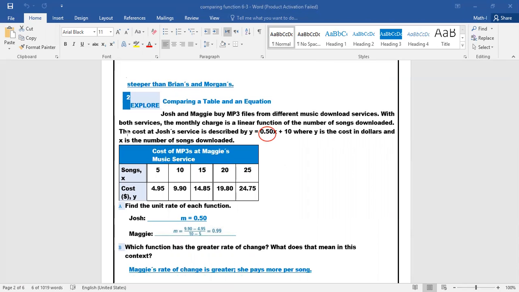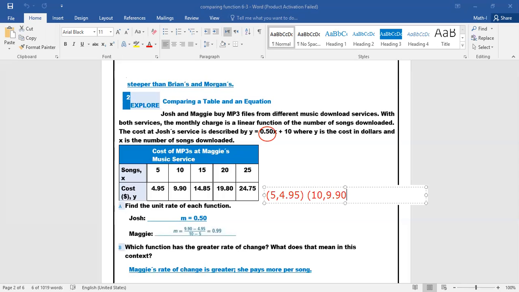But for the second, I have a table. So how are we going to calculate the slope or the unit rate? You are going to pick two ordered pairs, points. It could be 5 and 4.95, and another one, 10 and 9.90.